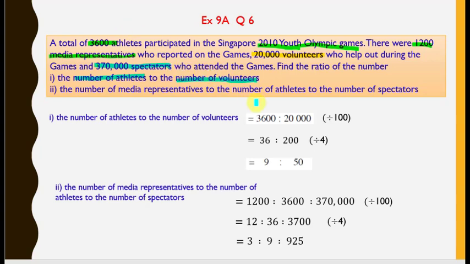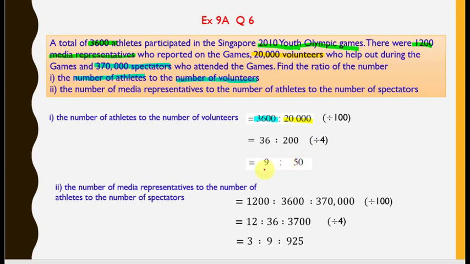So the number of athletes is actually 3600 and number of volunteers is 20,000. We divide it by 100 to simplify it. We have 36 is to 200, and when we divide it by 4, I have 9 is to 50.